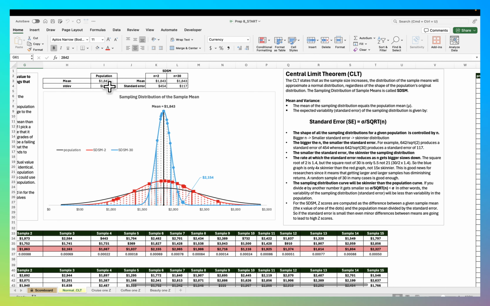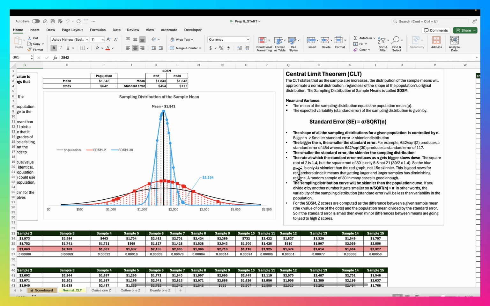But if we take that same number, 642, and divide by the square root of 30, we get 117. The smaller the standard error, the skinnier the sampling distribution. So n equals 30, 117 is a smaller standard error than 454, and that's why the blue line is skinnier than the red line.